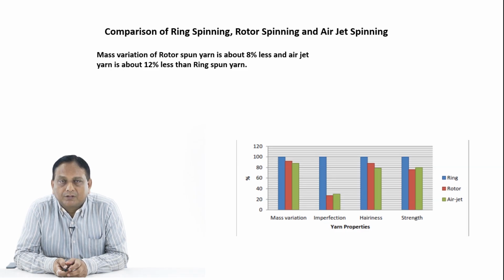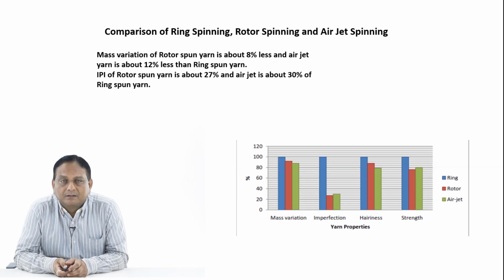So this is the conclusion we can draw from these figures when we compare. Different other properties can also be compared. Different yarns have different characteristics, and that is shown in this comparison.